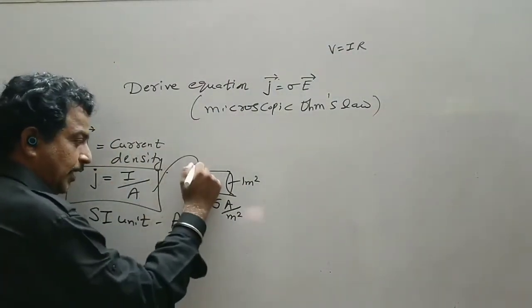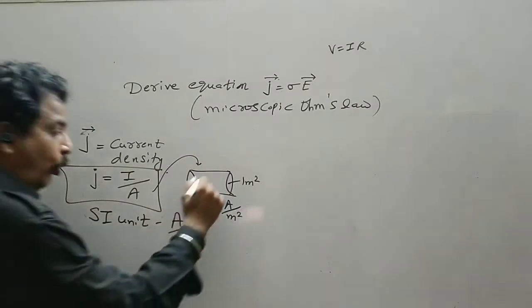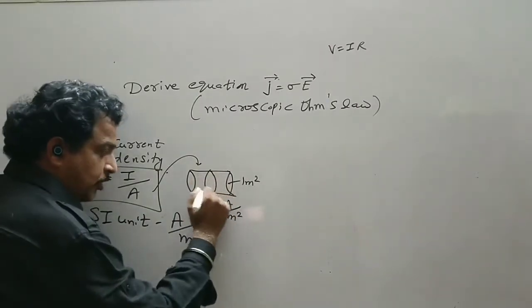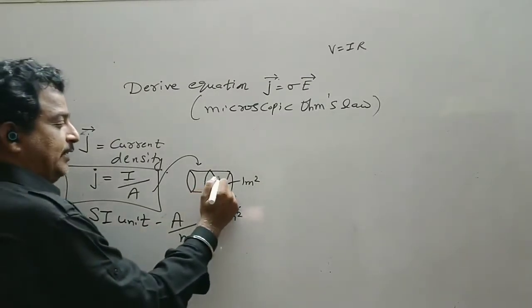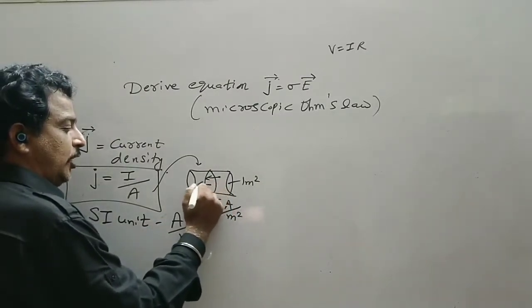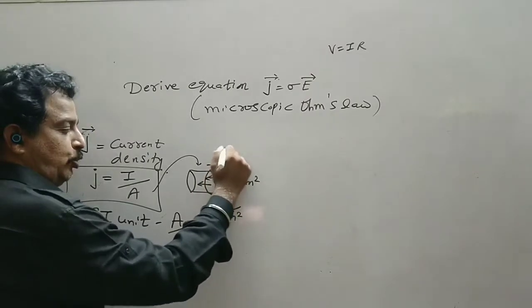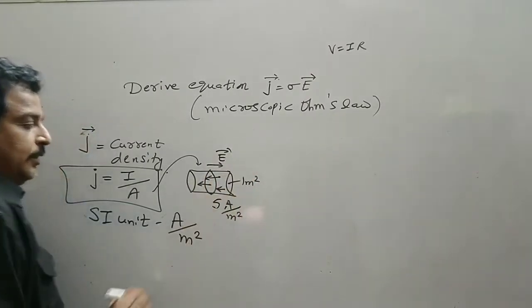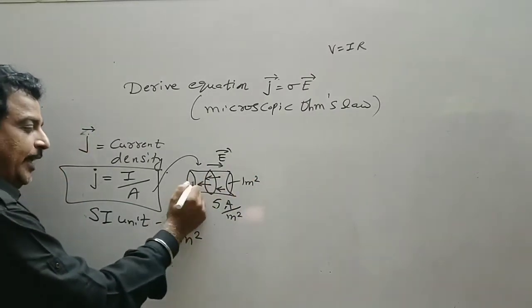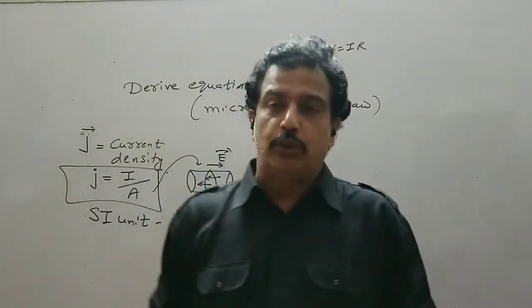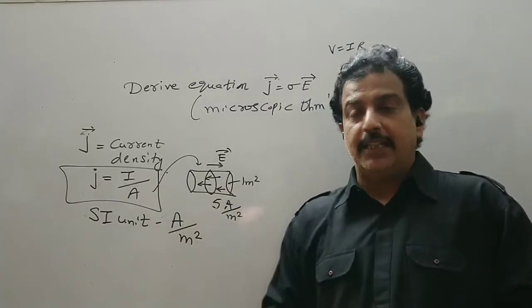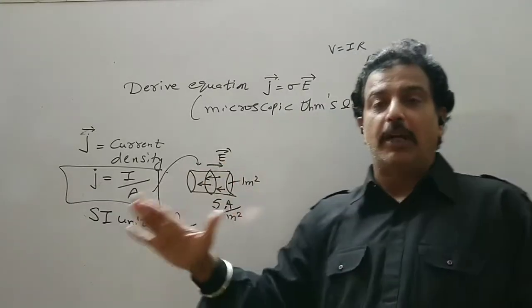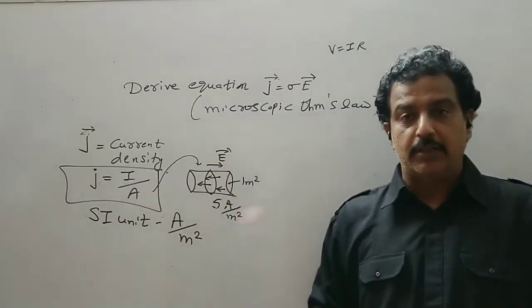But this equation is applicable only when the cross section is held normal to the direction of the motion of the charges. So if I say electrons are flowing in this direction, the electric field is opposite to it. Now this cross sectional area or area vector is in the direction of the motion of electrons, or you can simply say the cross section is held normal to the direction of the motion of charge.